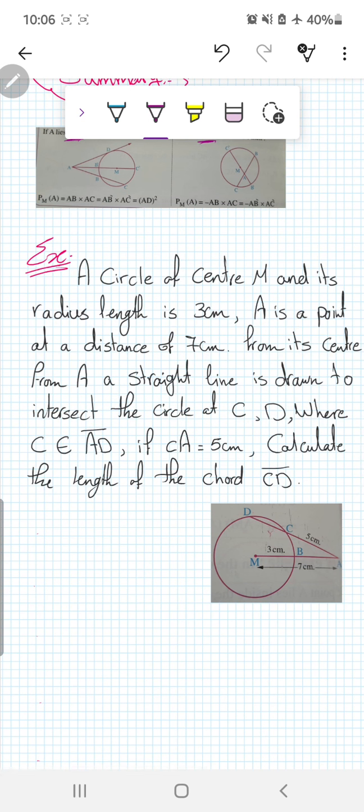A circle M, and its radius is 3, so here R is 3.